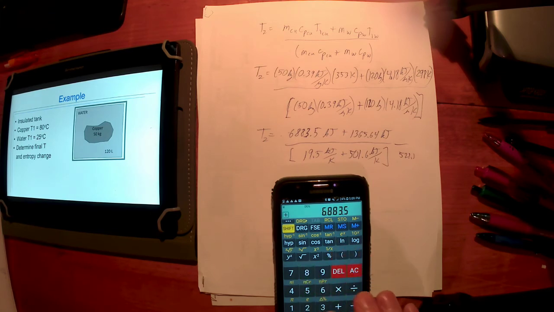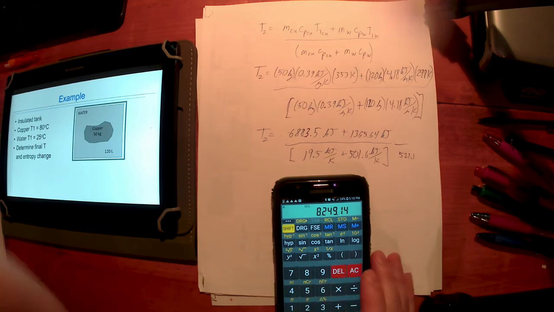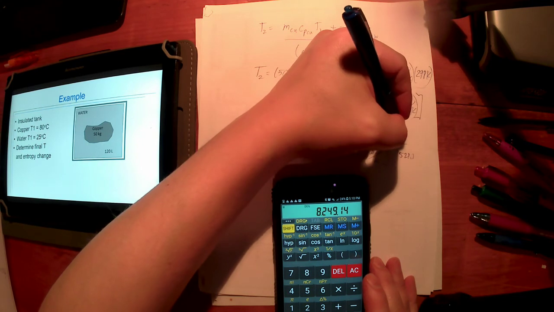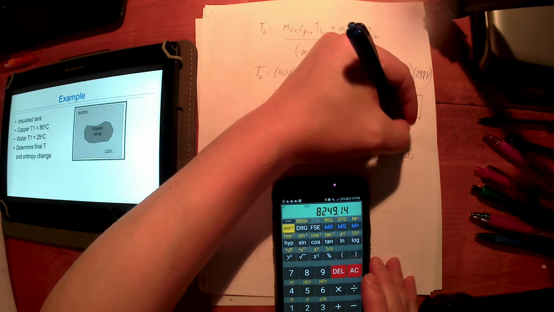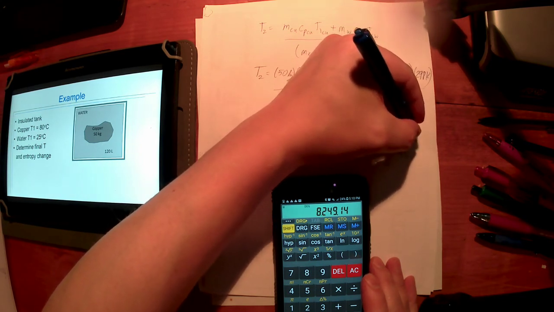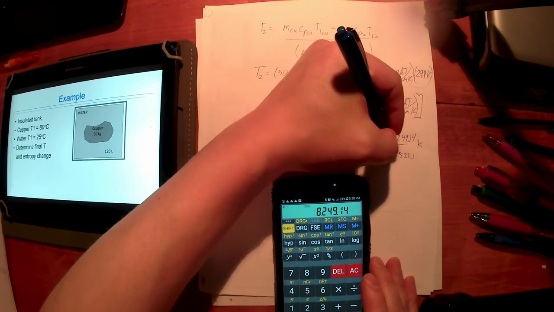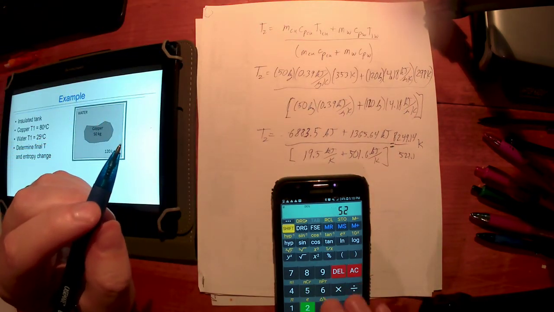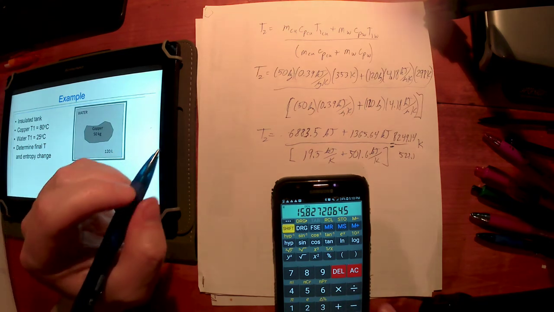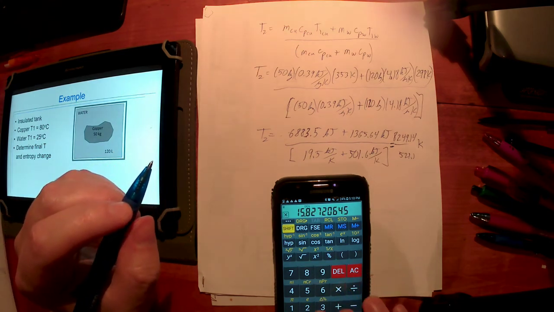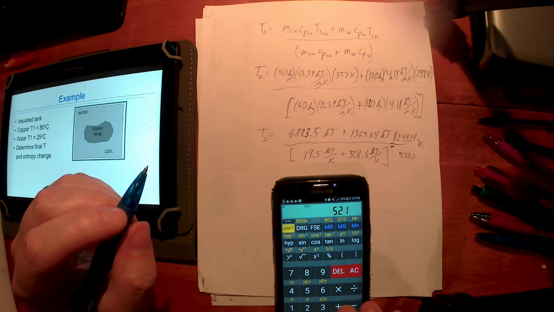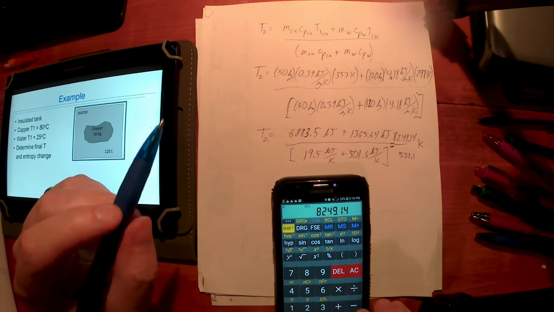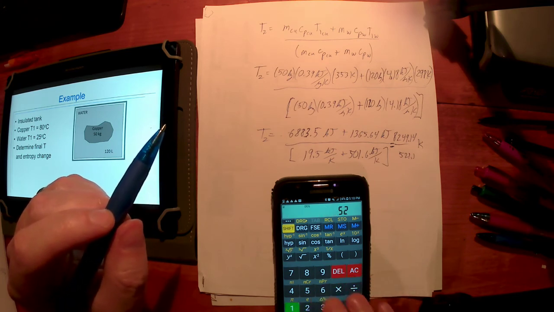The top is going to be 6883.5 plus 1365.64, so the top is 8249.14, and the units left are going to be kelvins. So that's equal to 8249.14 divided by 521.1.